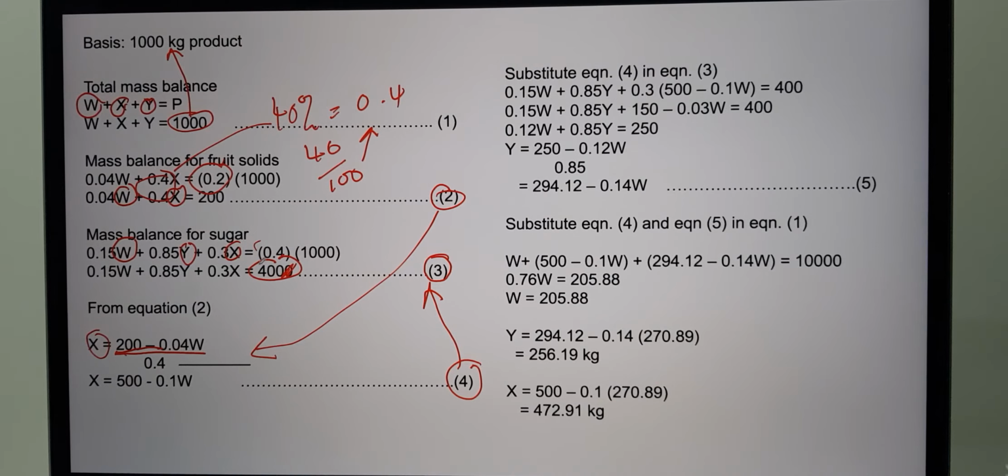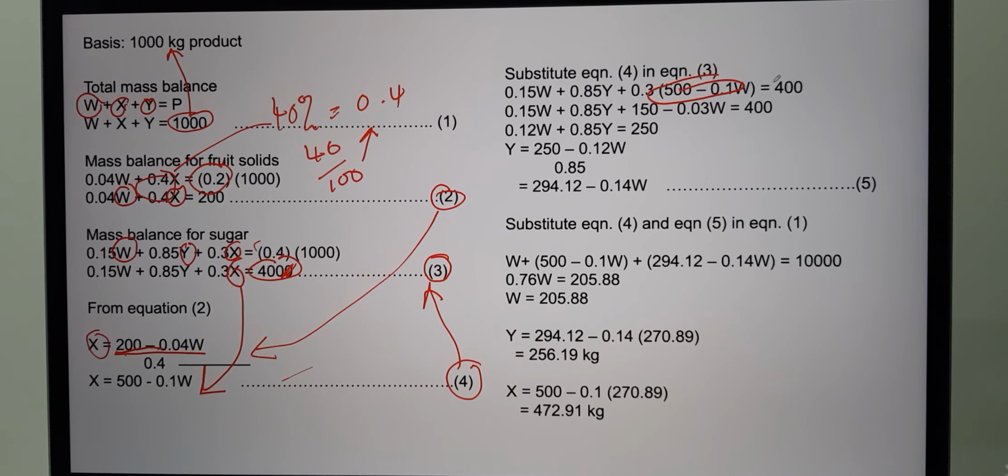Whereby the X value here, this particular X, we replace with this value. So this one has become 0.15W plus 0.85Y plus 0.3 times (500 minus 0.1W). This one comes from equation number 4, equals to 400.